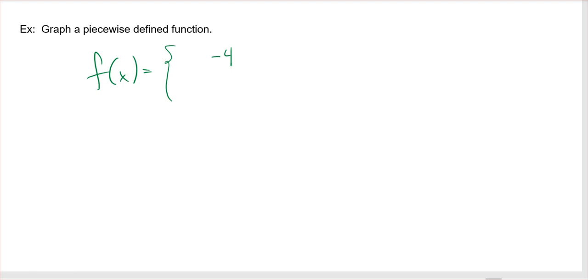So let's have x squared if x is less than or equal to 0, and let's have square root of x if x is bigger than 1.